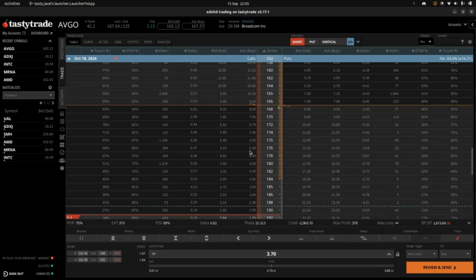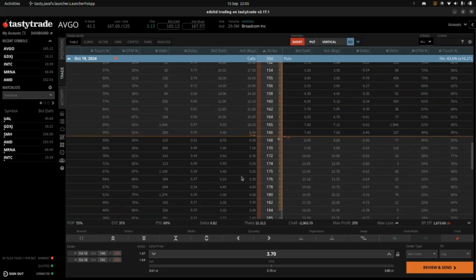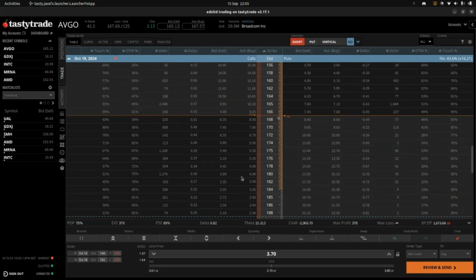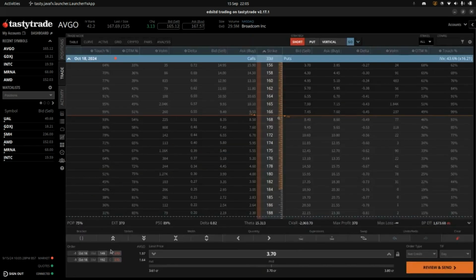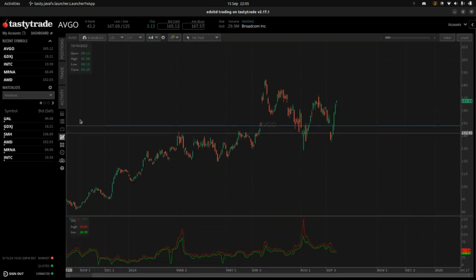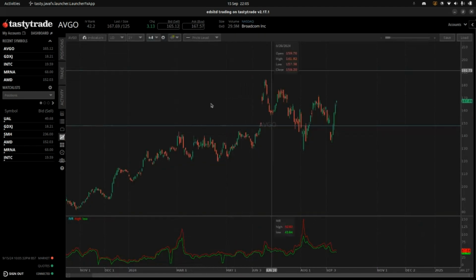Now what we have here is a range. If we were to plot this on a chart, let's see what that would look like. If you pull up the chart for AVGO, our put contract was at 148, which is about there, and our call contract is at 192, which is about there.